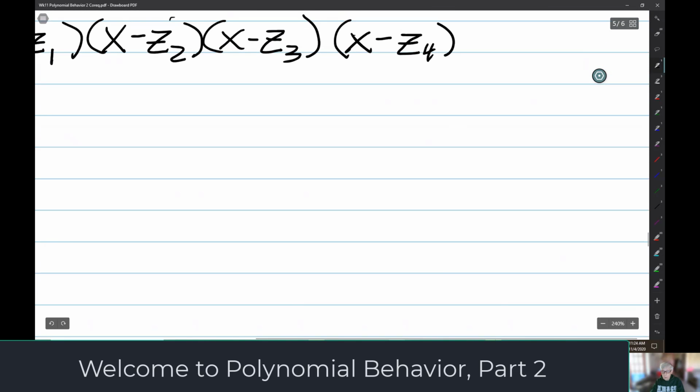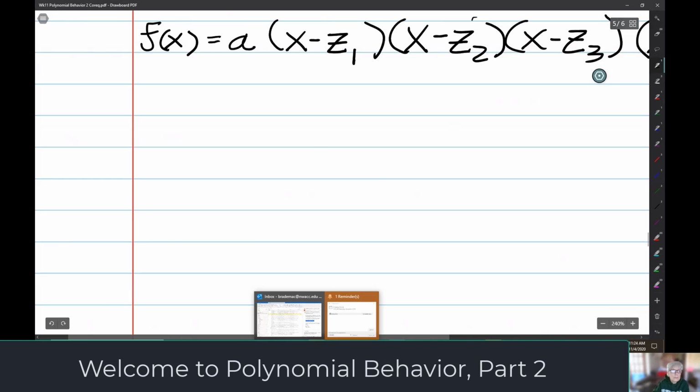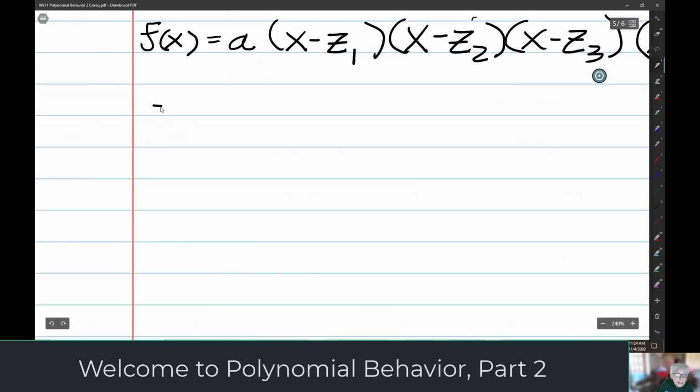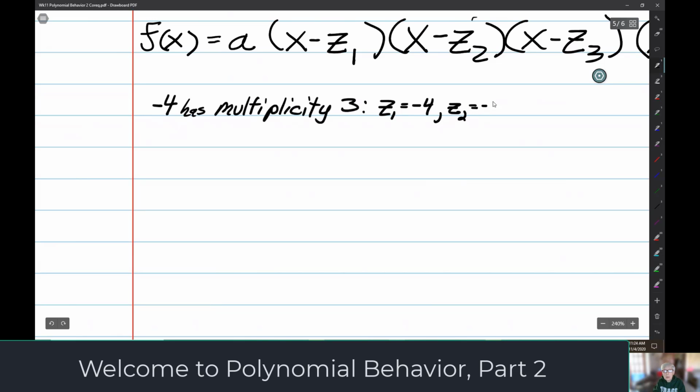Okay, so negative 4 has multiplicity 3. Means this: Z1 equals negative 4, Z2 equals negative 4, Z3 equals negative 4.